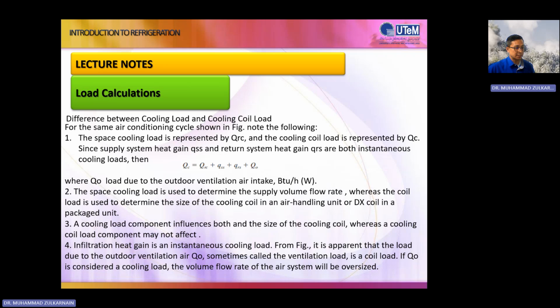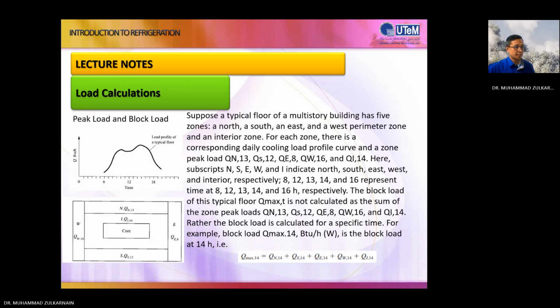Infiltration heat gain is an instantaneous cooling load. From the figure it is apparent that the load due to the outdoor ventilating air, QO, is sometimes called the ventilating load. If QO is considered as cooling load, the volume flow rate of the air system will be oversized. So that means if we give a cooling load more than we need, we calculate with oversize. That is how we illustrate the conditions that can contribute heat.